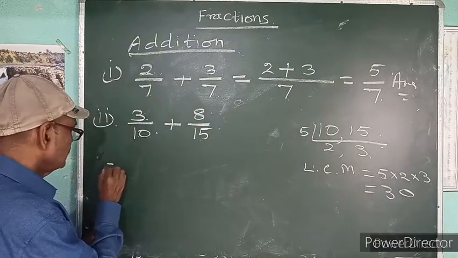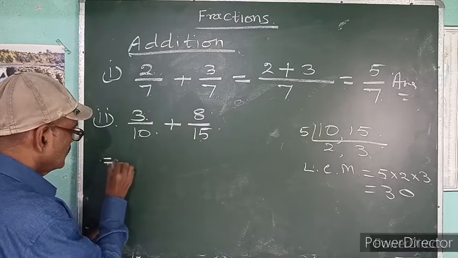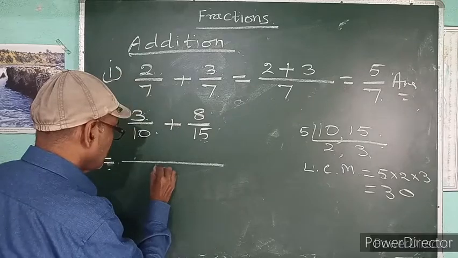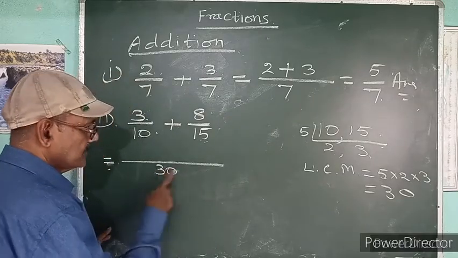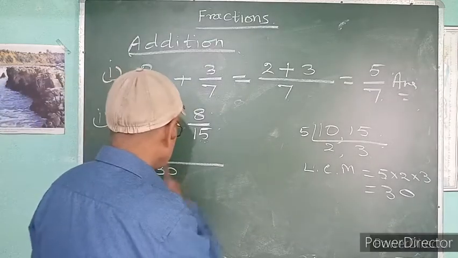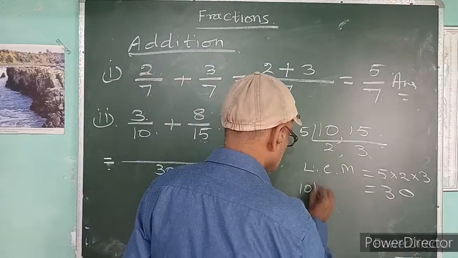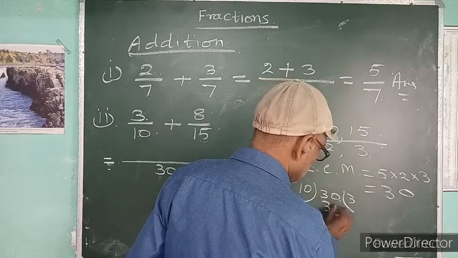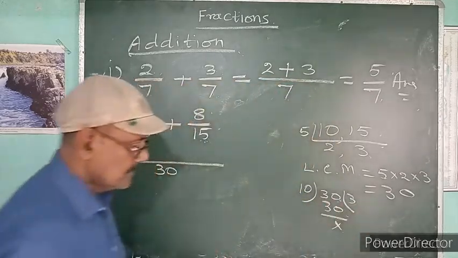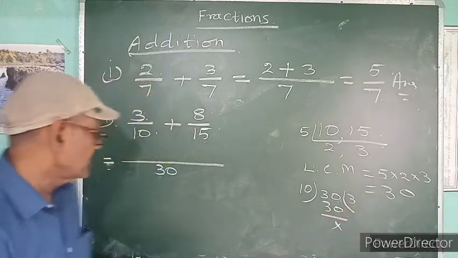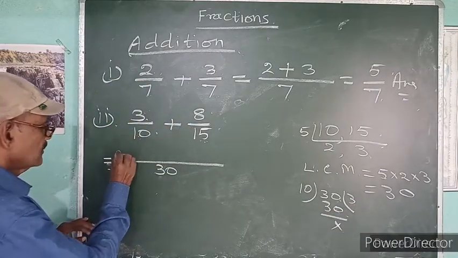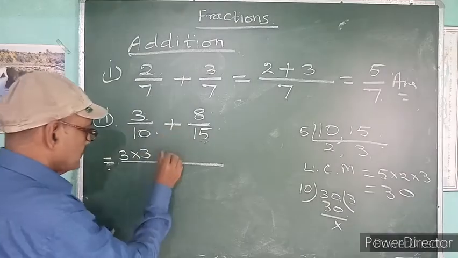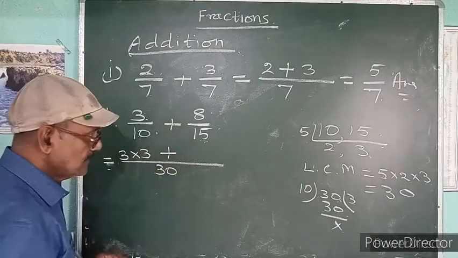So take the LCM of 10 and 15, which is equal to 30. You write down 30, the LCM here. Divide this 30 by 10. You get 3. Now, with this quotient 3, you multiply this numerator 3 into 3. Bring down this plus sign.